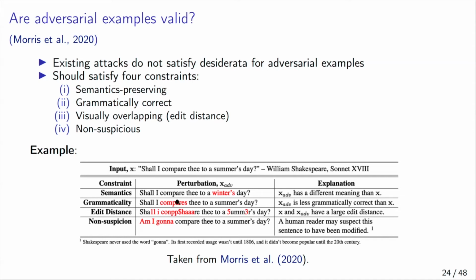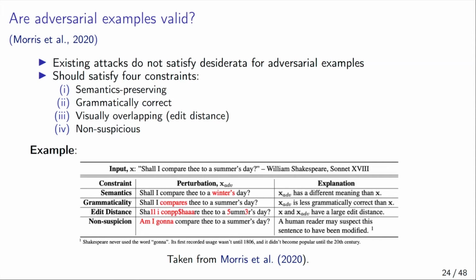If we change compare to compares, then this is a violation of grammaticality. If we change many characters individually, for example, we flip the L with a 1, or the S with a 5, or the E with a 3, and so on and so forth, then the original input and the adversarial example have a large edit distance, which is, according to the authors, a constraint that has been violated.